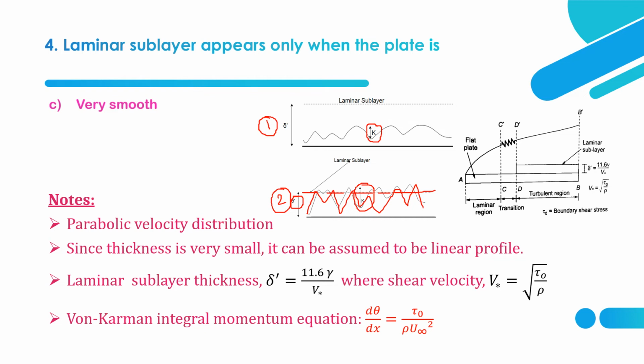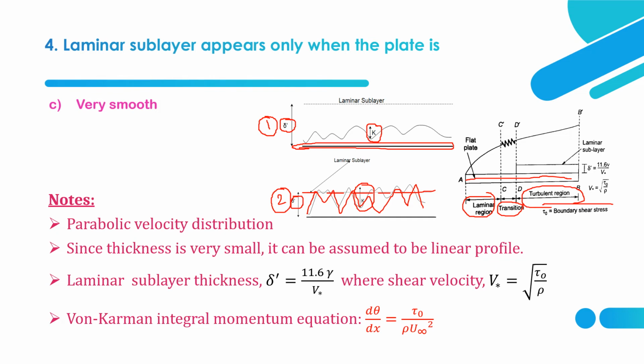In case of a smooth flat plate, this is the smooth flat plate, roughness is very small compared to a rough plate. Then laminar sublayer will appear. So this is the concept. And here also you can see this is the flat plate. Consider this as a smooth flat plate, and this is the laminar region, this is transition, and this is the turbulent region.